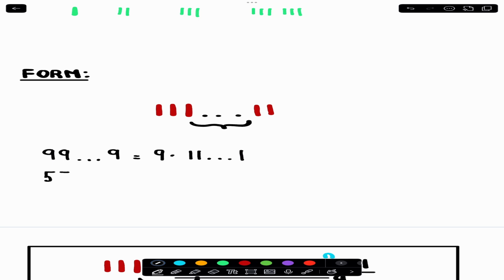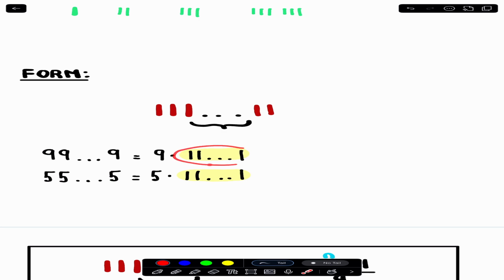Similarly, if we had a bunch of 5s repeating, that's the same as 5 times a bunch of 1s. So we can see it's really helpful to study this basic form because all of these numbers are built off a bunch of repeated 1s. So it would help to study this structure. That's what we are primarily concerned with today.